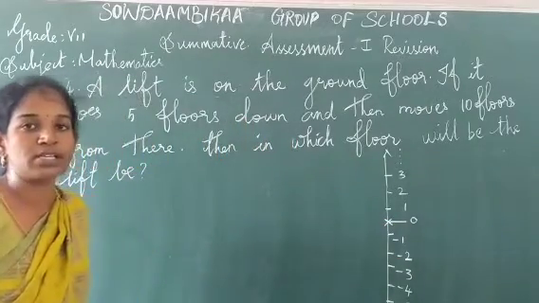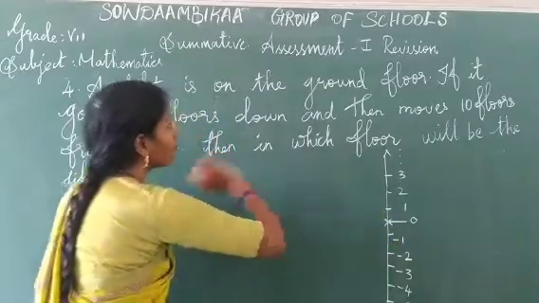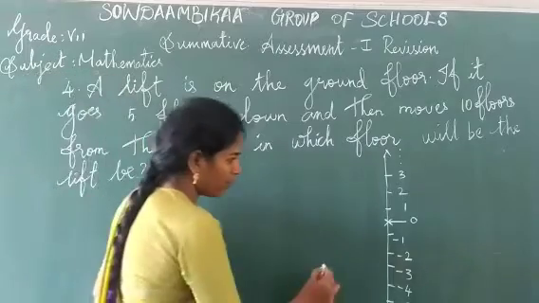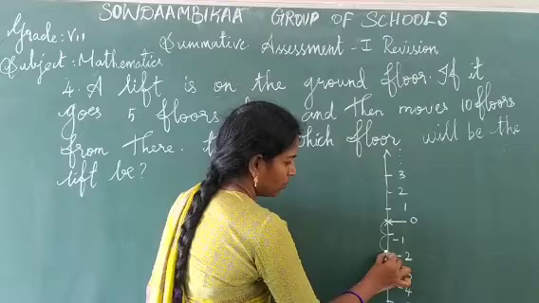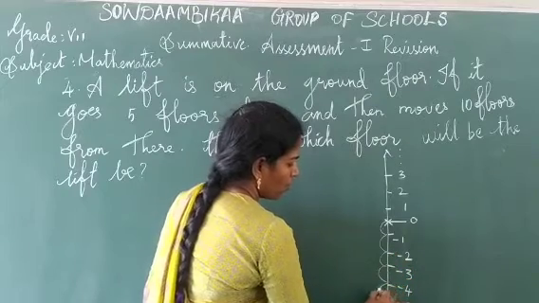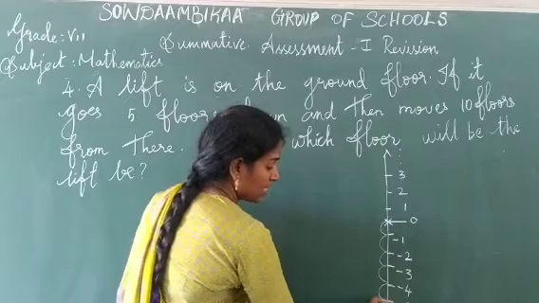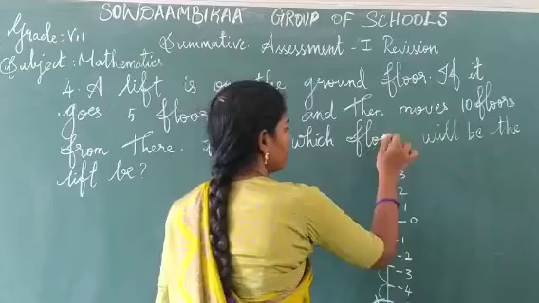The initial position is 0. The lift is there. Then if it goes 5 floors down, 1, 2, 3, 4, 5, now the position of the lift is -5. Okay, dear?